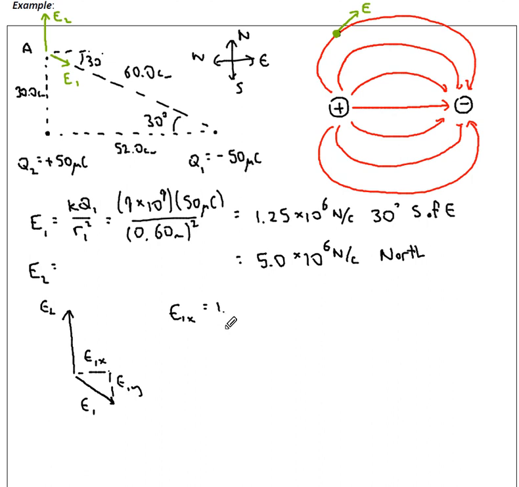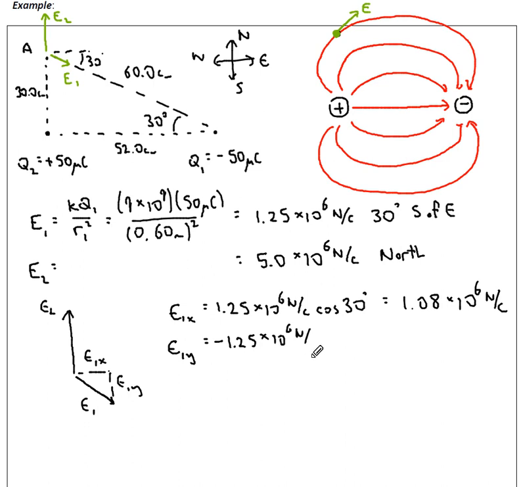That is just equal to 1.25 times 10 to the 6 newtons per coulomb multiplied by cos 30 degrees. We get 1.08 times 10 to the 6 newtons per coulomb. And E1y is equal to, well, that's going down, so I'm going to include that negative sign already, and it's going to be sine 30 degrees, which comes out to be negative 6.25 times 10 to the 5 newtons per coulomb.